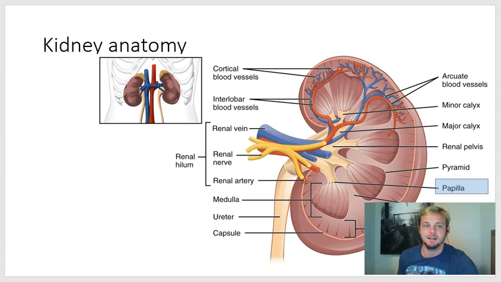Those collecting ducts are going to be these things right here. What gives this medullary pyramid that stripy look is those ducts, and they are draining out these papillae into these minor calyx, which goes to the major calyx, which then goes to the renal sinus.